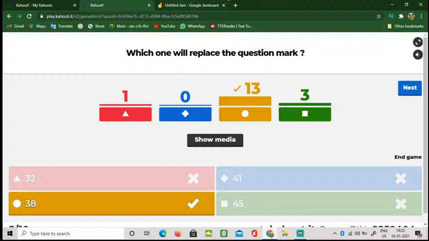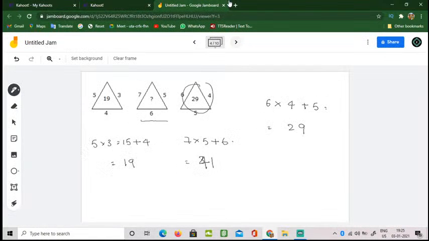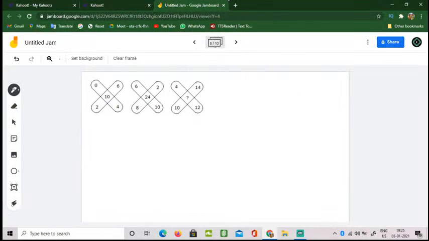That's good. Now let me tell you what the correct order is. If you see this here, first one, 0 plus 6 plus 2 plus 4. If you add all this, you will get 12, and if you subtract 2, you'll get 10.